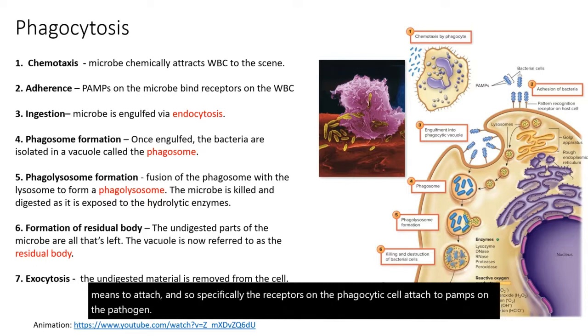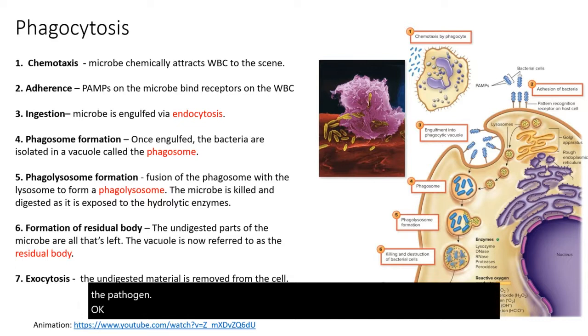PAMPs are pathogen associated molecular patterns, basically something that's foreign, just a surface molecule on the pathogen. So the receptors on the phagocytic cell are going to attach to molecules on the pathogen. Think of the dog that has sniffed down the bacteria in step one, and now it's jumping and latching on to that pathogen.